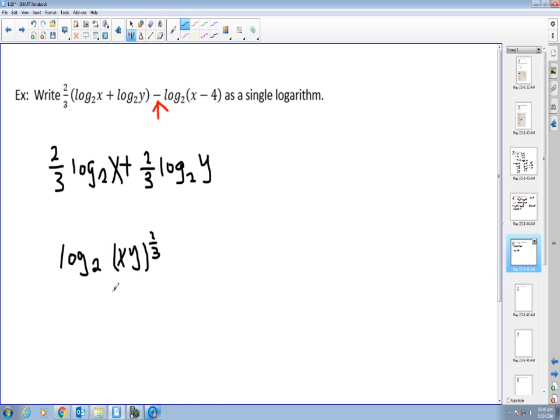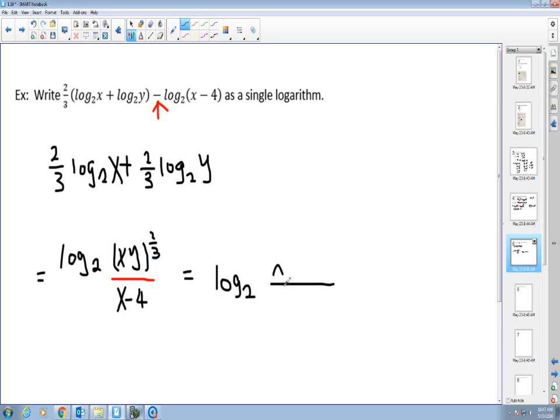Alright, minus means subtraction, and subtraction means division. I'm going to divide it by x minus 4. Okay, so I can write it this way for my final answer, or I can write it as log with the base 2, turning the fraction exponent back into a radical.